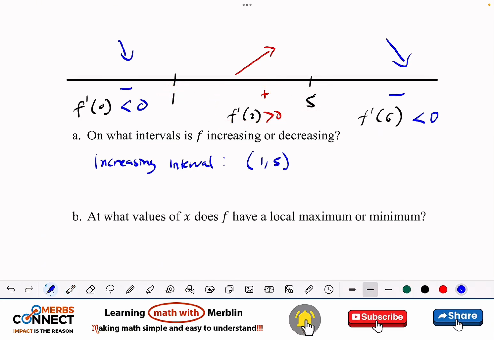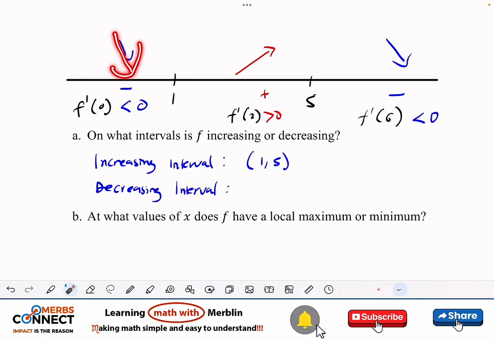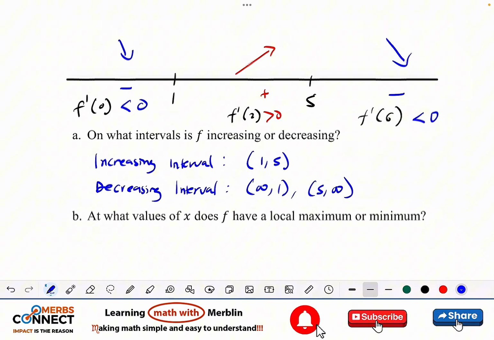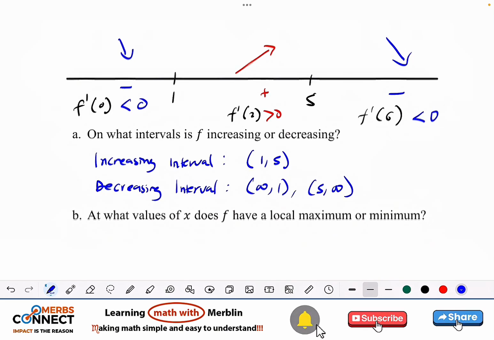And then the decreasing interval is going to be this and that: from negative infinity up to 1, and from 5 to positive infinity. So that is the increasing and decreasing interval.